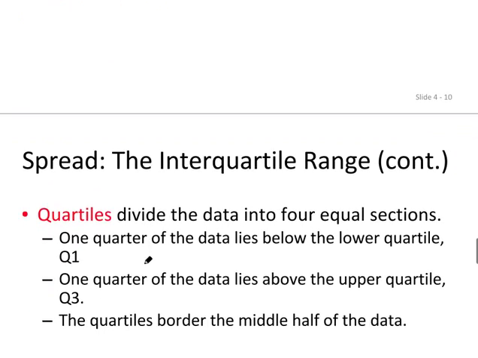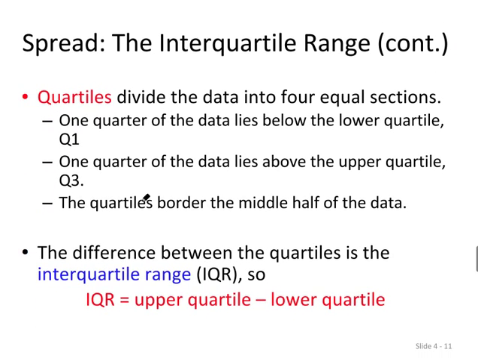Quarters have to do with 25%. Think of a quarter. It divides the data into 4 equal sections. The first quartile, or Q1, is the bottom-most 25% of the data. Q3 is the topmost 25% of the data. And in between that is what we call the IQR.